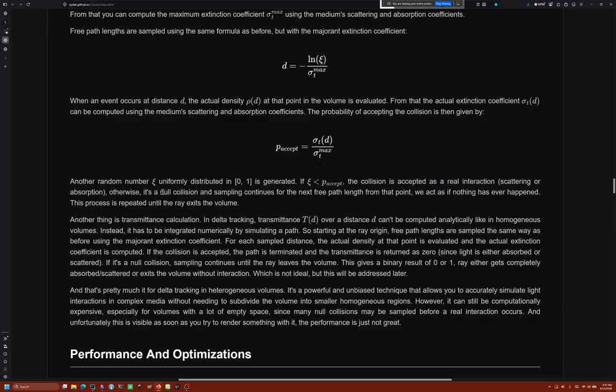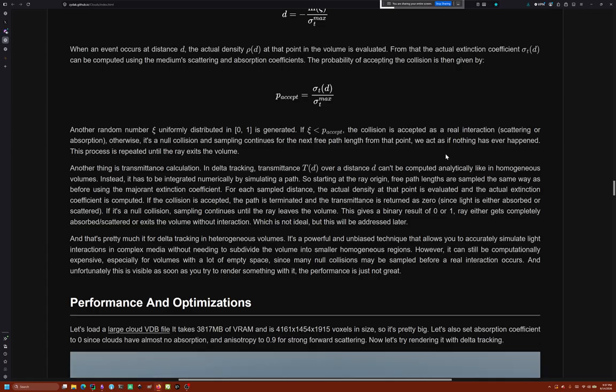Otherwise, it is a null collision, and sampling continues. So this accounts for the null particles, the interactions where you don't have absorption or scattering.